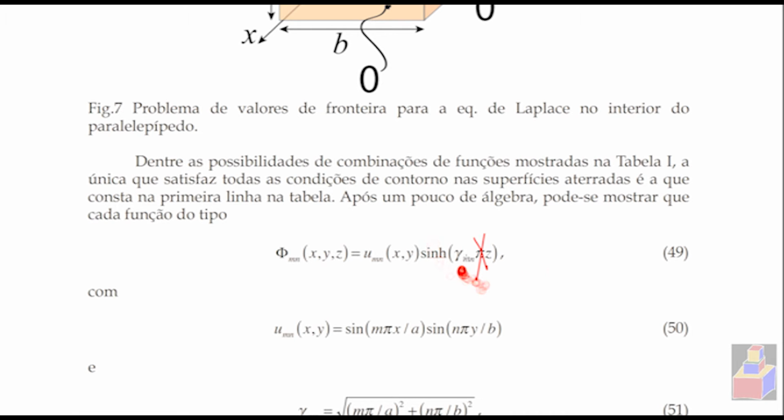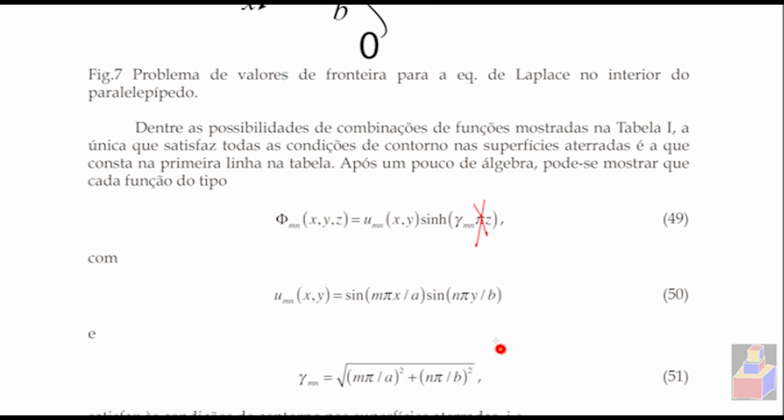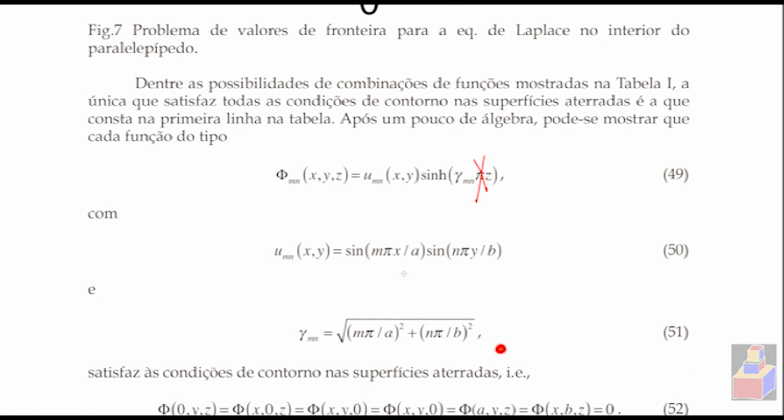Gamma is indexed by two integers, m and n. Where do m and n come from? Well, they come from the solution that we obtained for the x and y functions. The x, y part is now a product of two eigenfunctions. So alpha is m pi over a, beta is n pi over b, and now gamma has to satisfy this condition. Given those integer values, gamma is given by the square root of the sum of the squares.